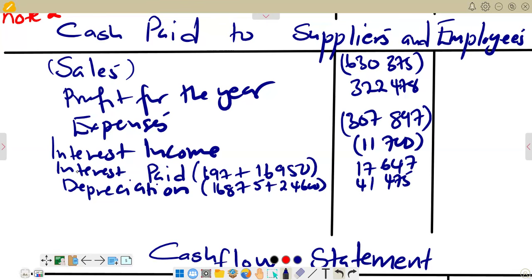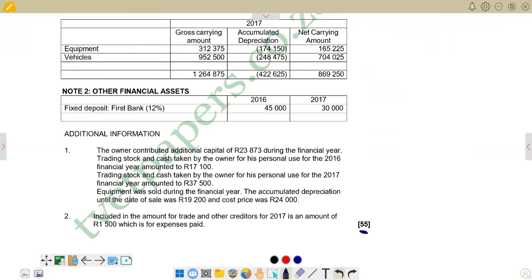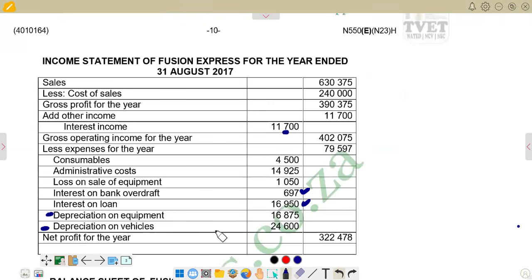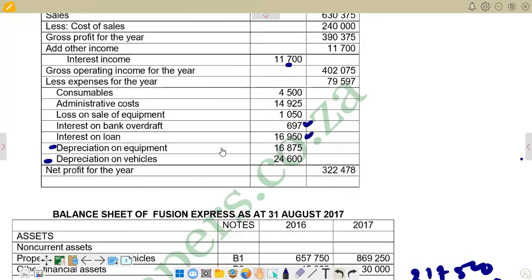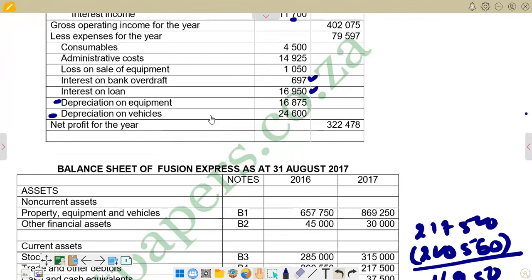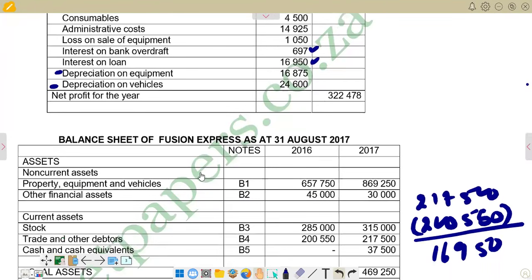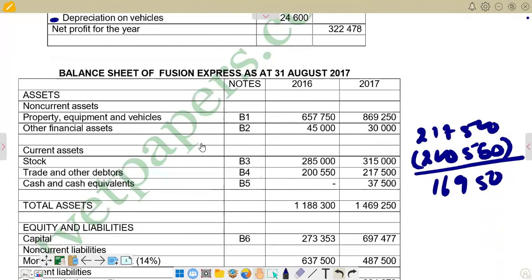Remember, working capital involves current assets and current liabilities. So for elements of those, check their movements. Go to the balance sheet. So if you go down to the balance sheet, we go to the current assets section, we see that we have got stock there.